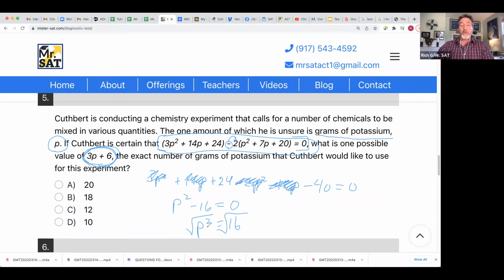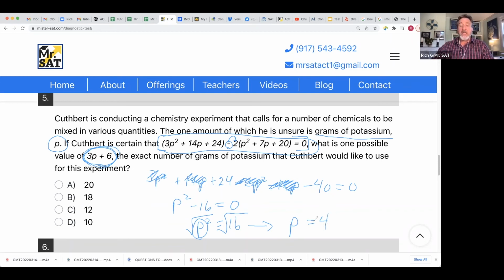So the square root of p squared equals the square root of 16. Well, the square root of anything squared equals that thing. I just lose my radical and I lose the exponent. So the square root of p squared equals p. And the square root of 16 equals 4.